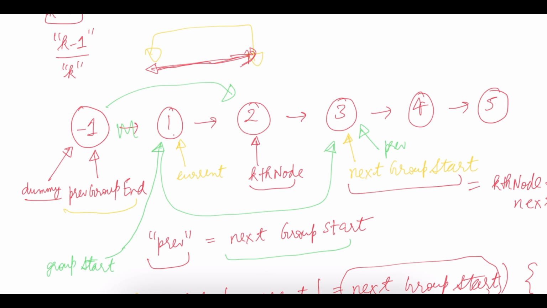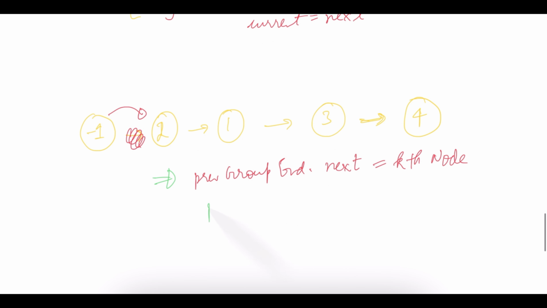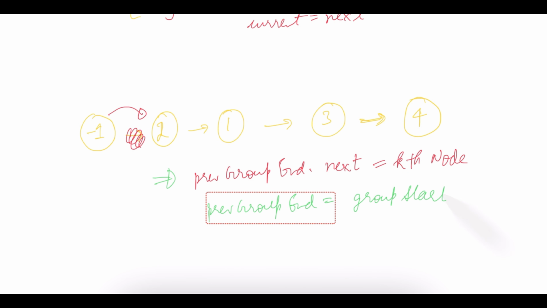So the end of my previous group would be node 1, as when it is reversed, this will become the end, and that's why we set previous group end equal to group start. This will make sense as we start writing the code for this algorithm.